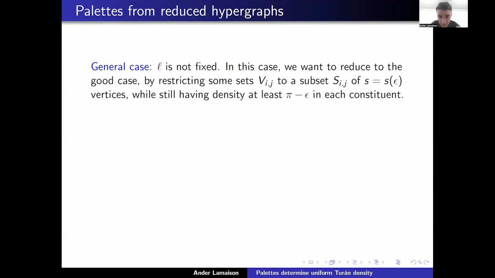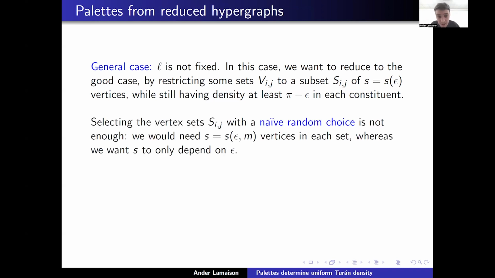And doing that, if this does not tend to infinity as n tends to infinity, or so if this only depends on epsilon, then we will have reduced ourselves to the good case, and we will be done.